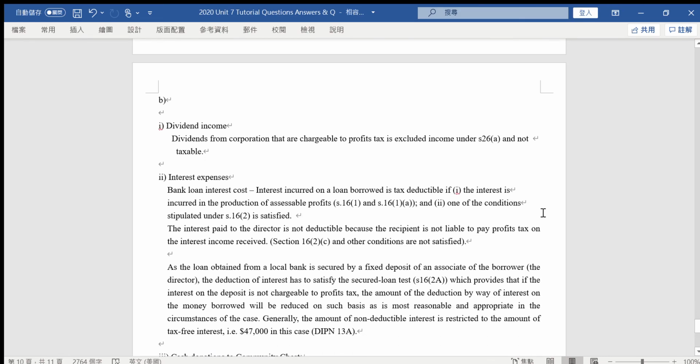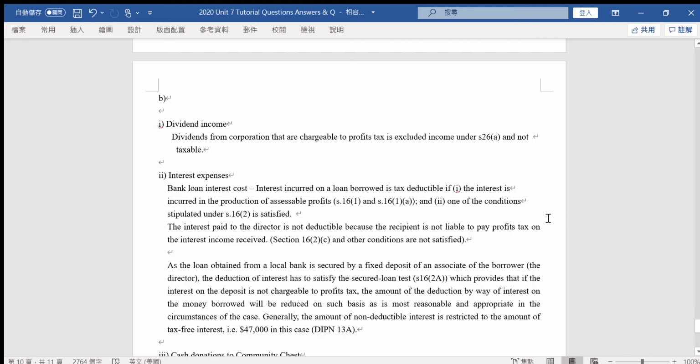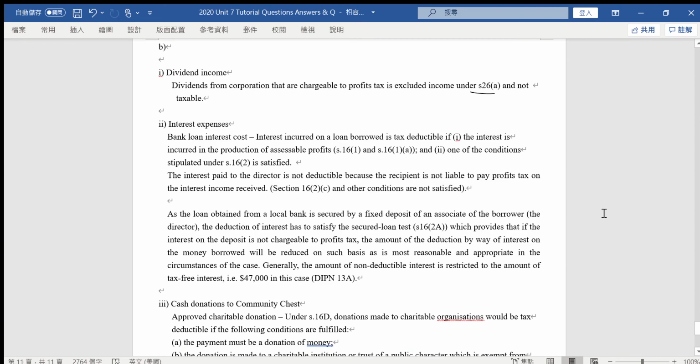Then the discussion on those items. I have already discussed the dividend. It is covered by section 26A and not taxable. Interest expenses, two items. One is the bank loan interest that is included on a loan borrowed and related to that, and then the interest paid to a director.